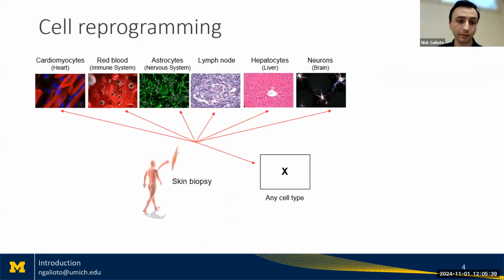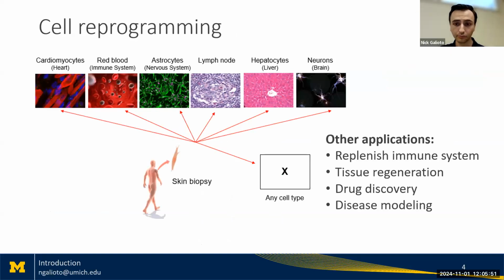Even broader than that, what if we could take, for example, a skin cell from a person and reprogram it into any other cell, like a cardiomyocyte, red blood cell, and so on. So there are many applications of cell reprogramming. One, like I mentioned first, is replenishing the immune system.